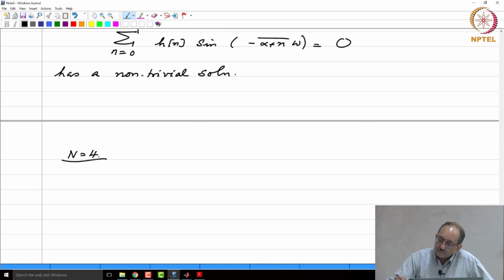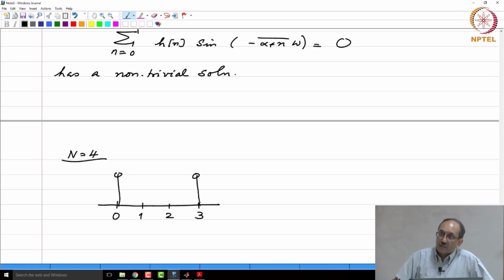Suppose n equals 4. So, the coefficients go from 0, 1, 2, 3, because you need to go from 0 to n minus 1. So, h of 0 must be the same as h of 3, h of 1 must be the same as h of 2.